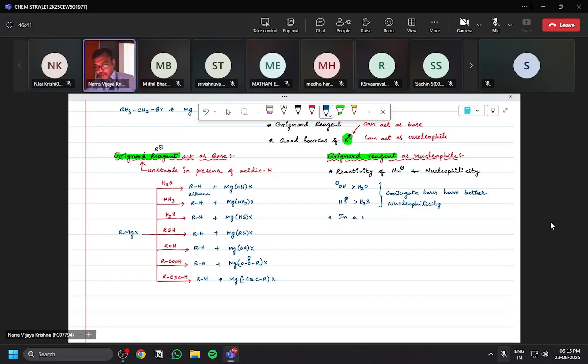In a period from left to right, what happens to nucleophilicity? In a period from left to right, nucleophilicity decreases.